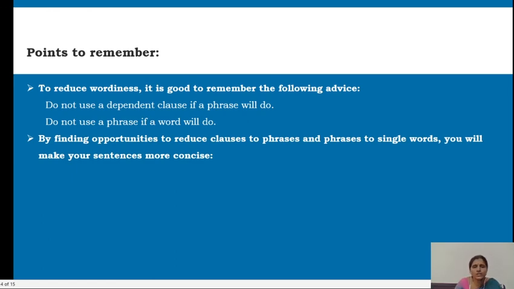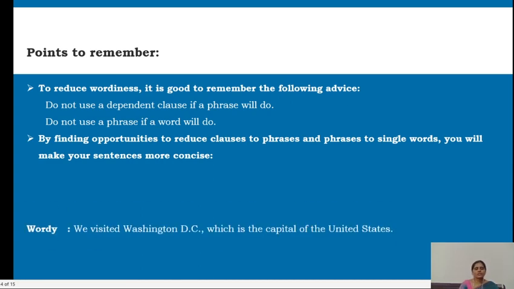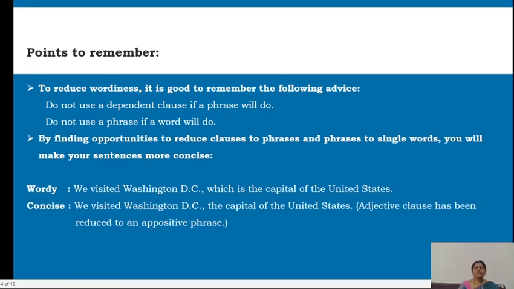By finding opportunities to reduce clauses to phrases and phrases to single words, you'll make your sentences more concise. See here: we visited Washington DC, which is the capital of the United States. We visited Washington DC, the capital of the United States, where which is not necessary. Here the adjective clause has been reduced to an appositive phrase, the capital of the United States.